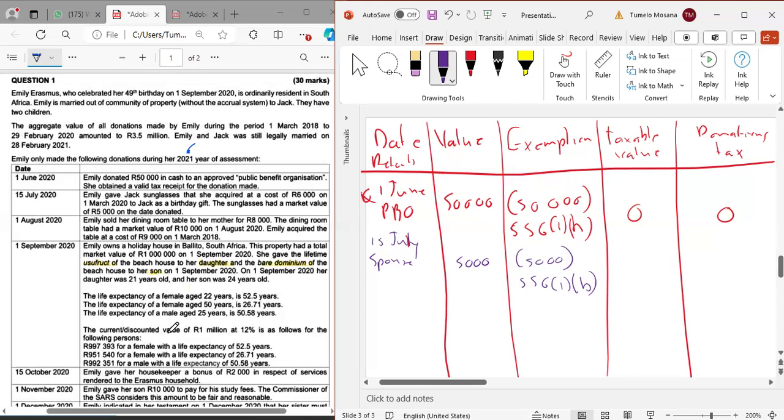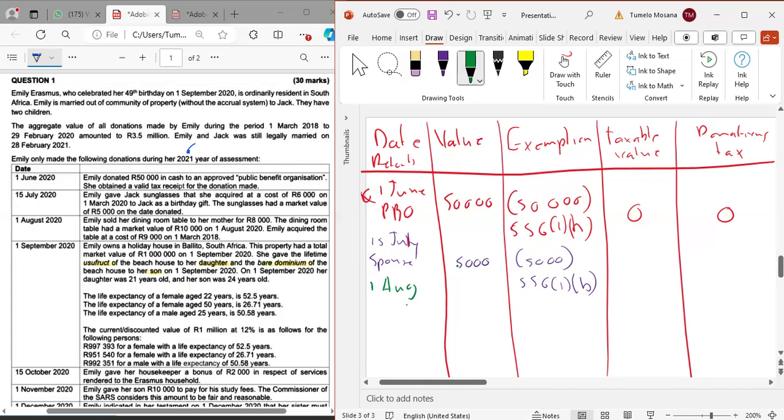So Emily sold a dining room table to her mother for 8,000 Rand. The dining room table had a market value of 10,000 on the 1st of August 2020. Emily acquired the table at a cost of 9,000 on 1 March 2018.